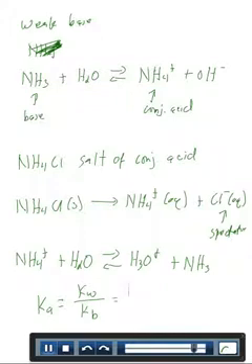So this would be 10 to the minus 14th over 1.8 times 10 to the minus 5. That's the Kb for ammonia. So that gives 5.6 times 10 to the minus 10th as the Ka for the conjugate acid of ammonia, the NH4+ ion.